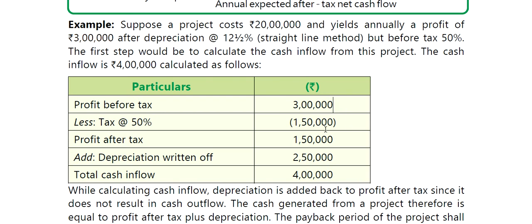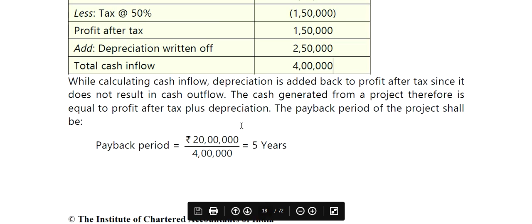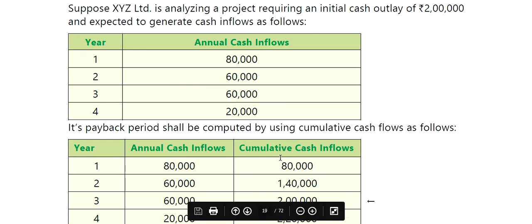So 3 lakh minus tax at 50 percent, you arrive at profit after tax. You have to add back depreciation. Depreciation on what? On this project, 20 lakhs; that depreciation should be added back. So you will get the cash inflow. Total investment divided by cash inflow gives you the payback period.